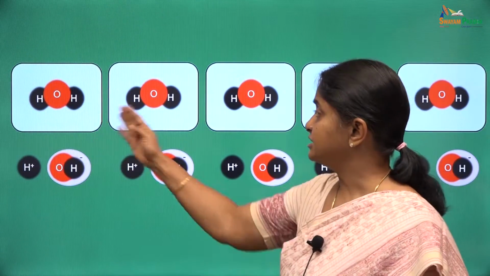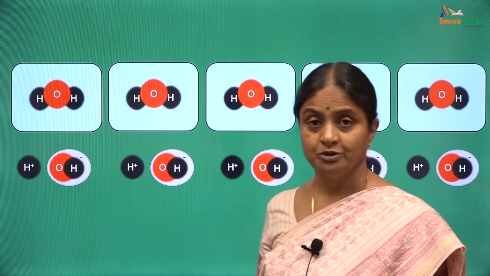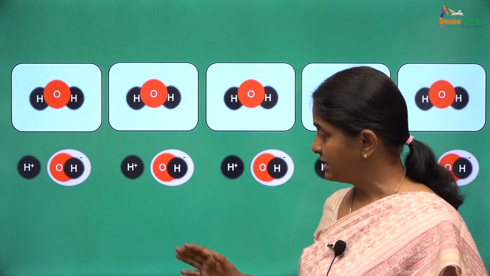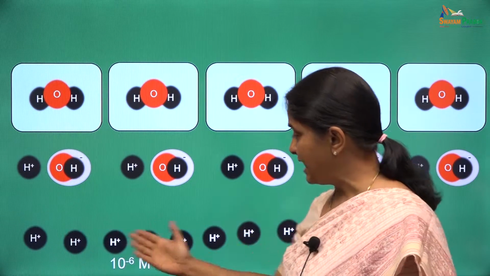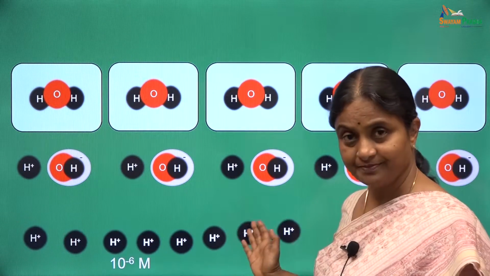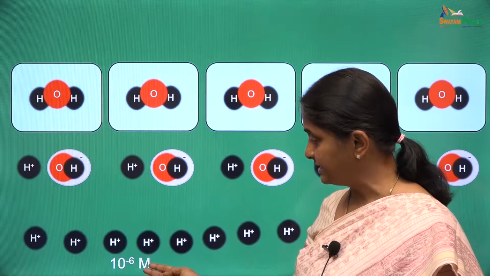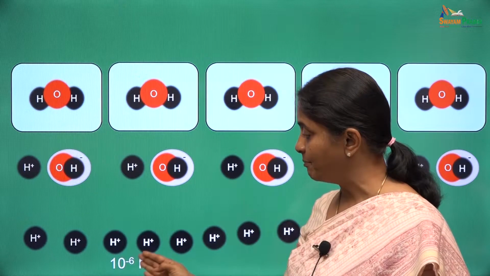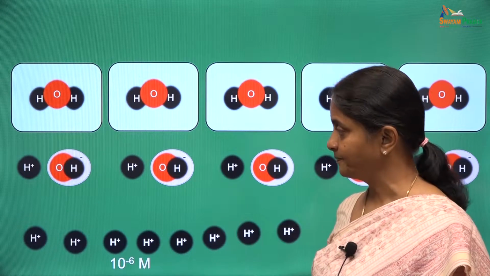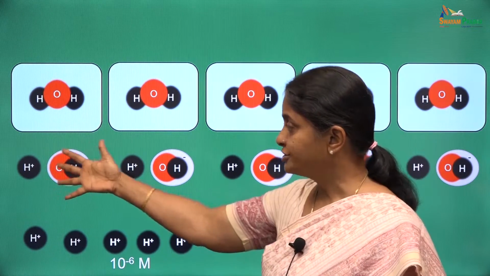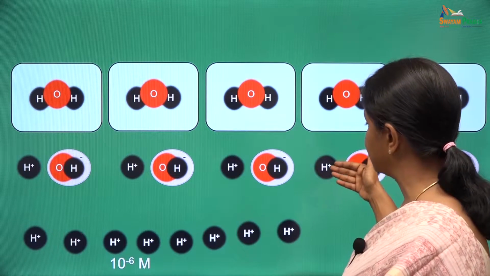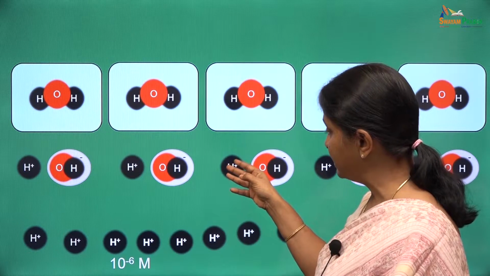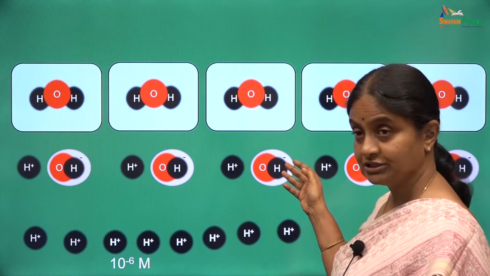Let us say these boxes represent stable water molecules and these the ionized water molecules. If we add extra protons to the solution by adding some acid, let us say the concentration of protons added is 10 to the power minus 6 molar. Then originally in water we had 10 to the power minus 7 or 100 nanomolar hydrogen ions and hydroxyl ions.